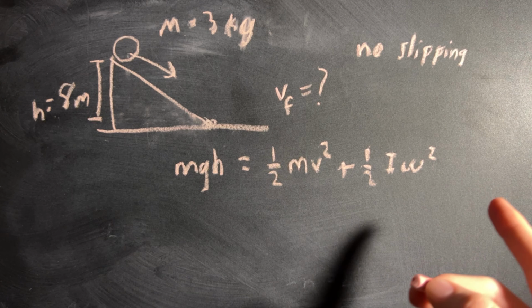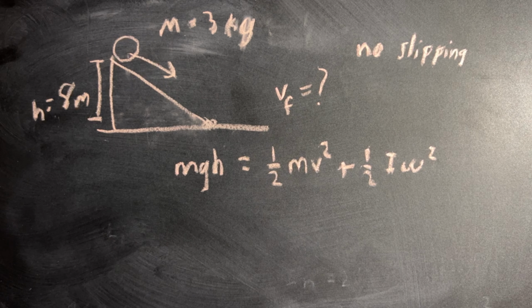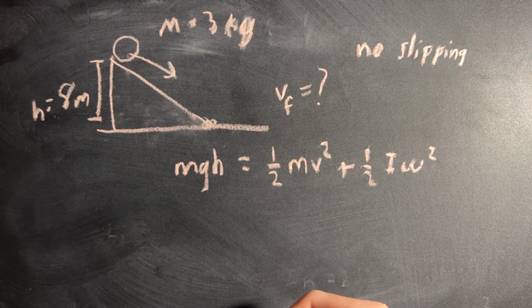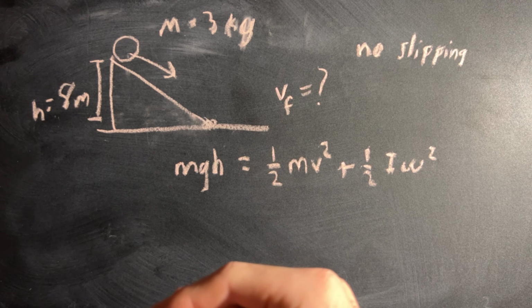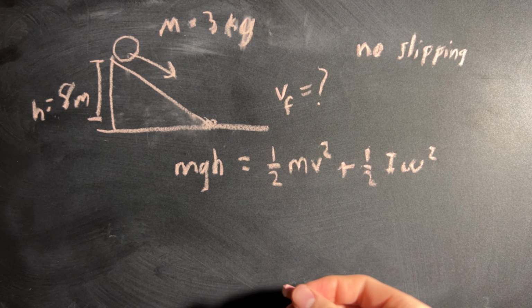Now the issue is we don't actually know what our angular velocity is, so we cannot solve for v squared.